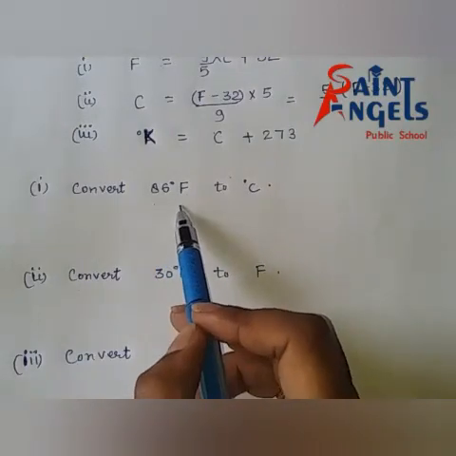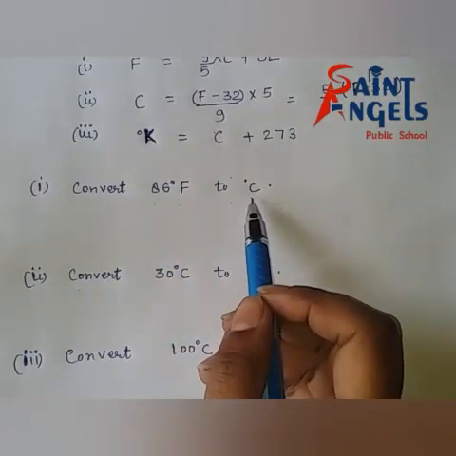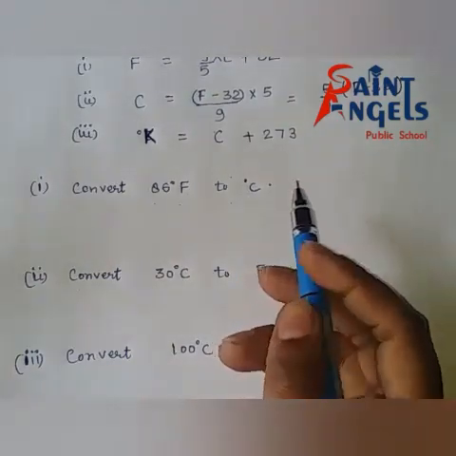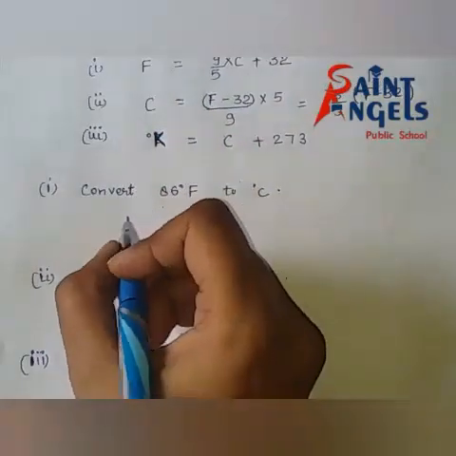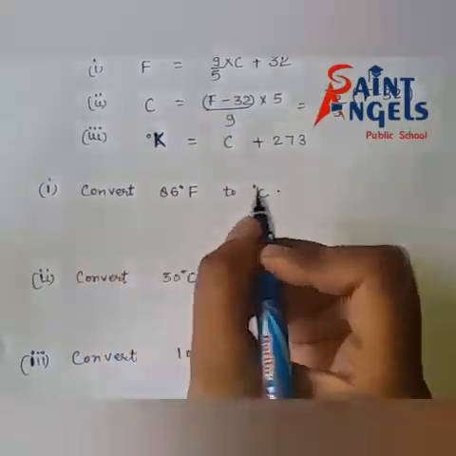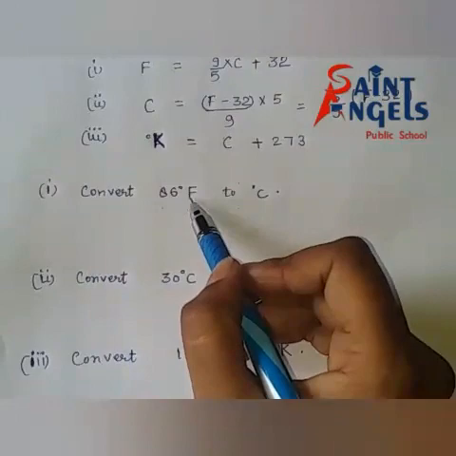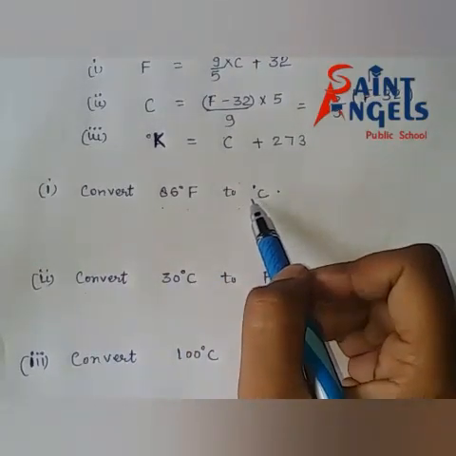Convert 86 degree Fahrenheit to degree Celsius. So students, how can we convert this? What is the formula for changing degree Fahrenheit into degree Celsius?